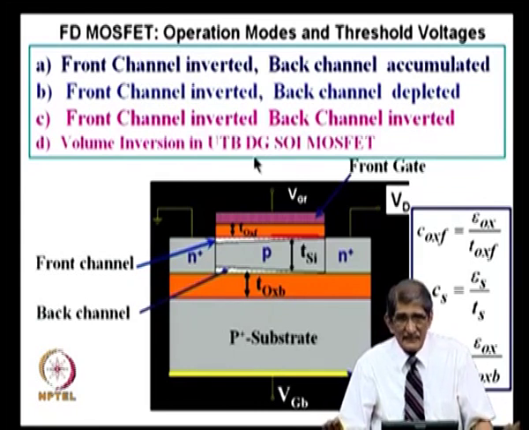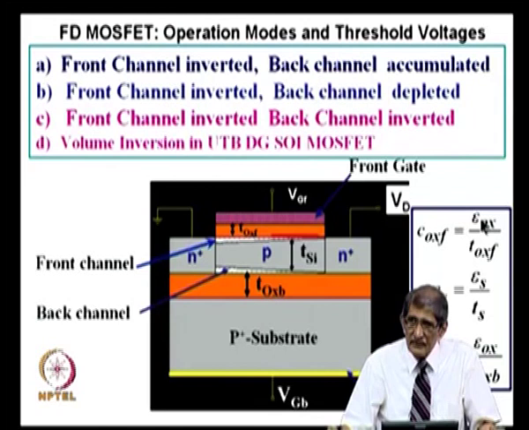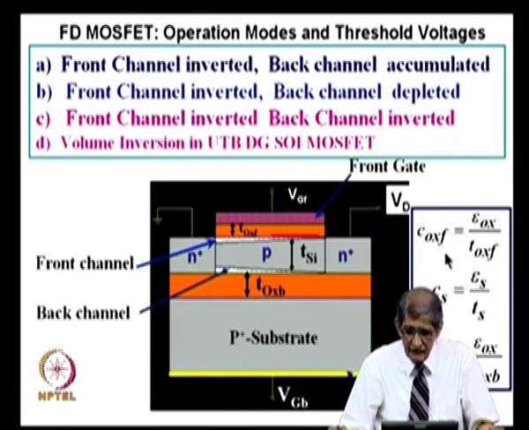T-ox, C-ox. C-ox is capacitance per centimeter square for the gate oxide. Here you will talk of the front gate oxide, C-ox F, which is epsilon oxide into epsilon 0, of course, divided by T-ox F, that is per centimeter square. And you can also talk of T silicon.